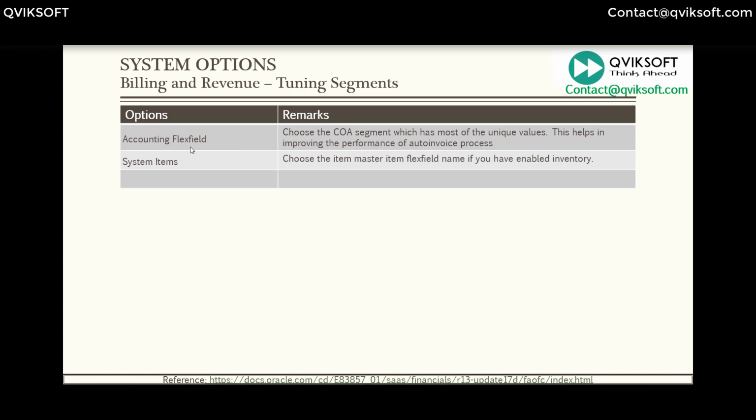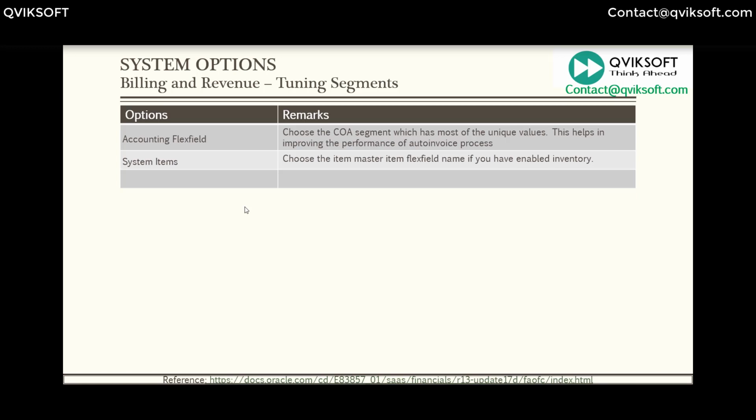Typically, the account code can have many different values, and you specify that segment in this accounting flex field segment, and the system internally creates some index to improve the performance. You also specify what system item flex field you have. This is the flex field which is defined for your item master. When you set these two segments, and if your auto invoice import is not giving you good performance, you need to configure them.